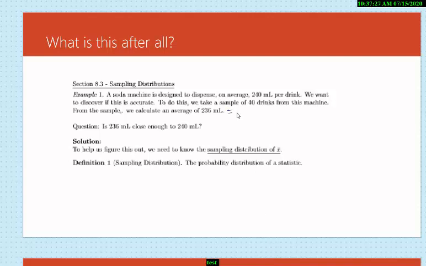Okay, now X bar. While the population average, the one that you want to happen, but you are not sure that it is happening, is 240. So this is the mu that you want. Okay, so that's one thing that you need to keep in mind. Now, by looking at the 40 drinks and at their average, do you really believe that this means that you are okay?